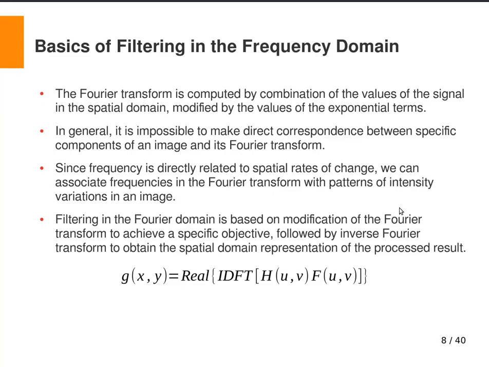This is mainly because the frequency is related to the rate of change, not necessarily the pixel values. So for example, if you have, let's say, 5 pixels that are all having the same intensity, let's say the intensity is 5 for all of these, since there is no change, basically, in the frequency domain you have a different representation as if you had, let's say, 2 of them having a value of 3 and the last 3 having a value of 10, right?